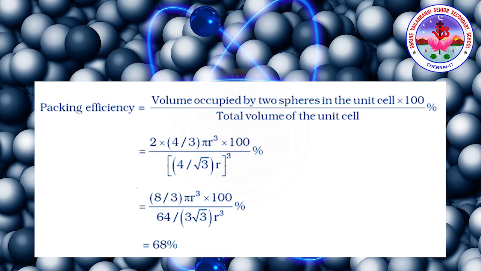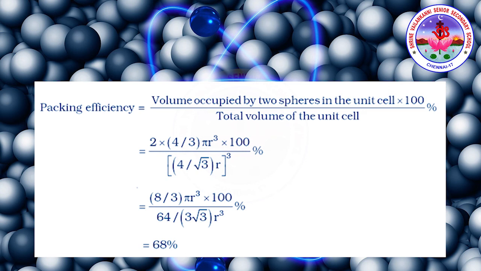The volume occupied by two spheres in the unit cell, we already know, is 2 into 4 by 3 pi r cube into 100, divided by the total volume of the unit cell. The total volume of the unit cell is 4 by root 3 into r cube. After calculating, you will get nearly 68%.